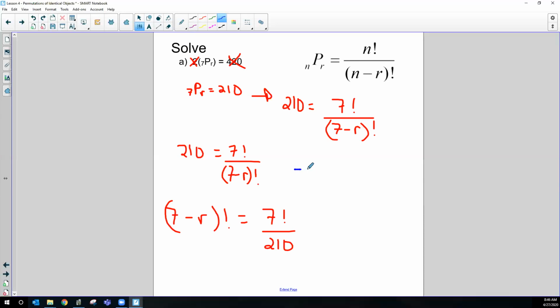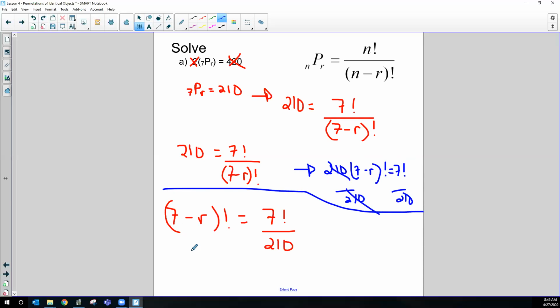I can do that over here if you'd like. So we would multiply both sides by (7 minus R) factorial, and then you would divide both sides by 210. You would cancel, and you would end up with this. Okay, so we're right here right now.